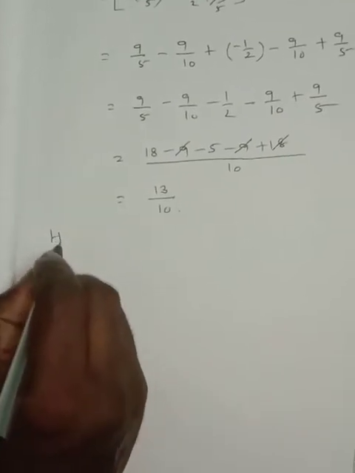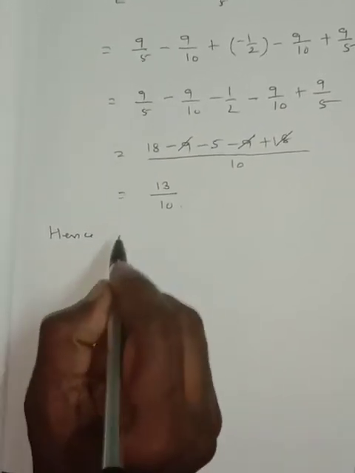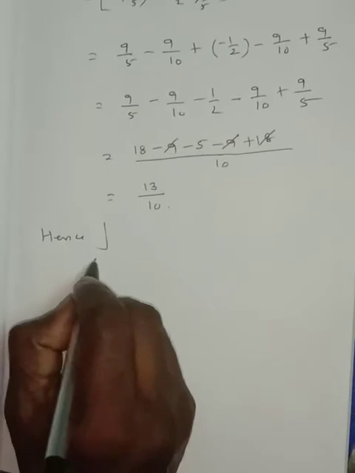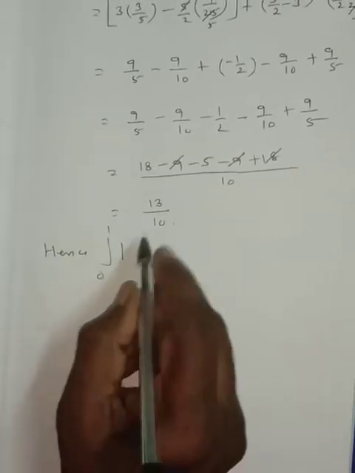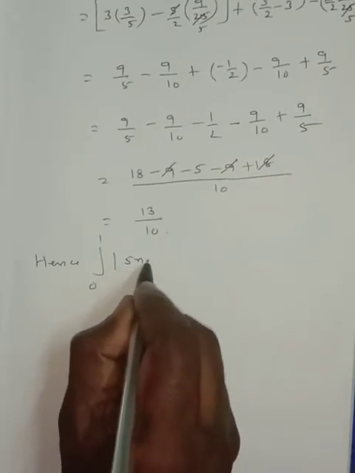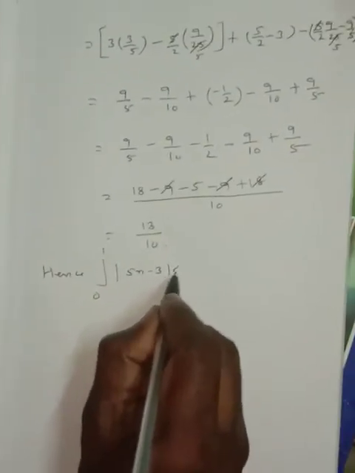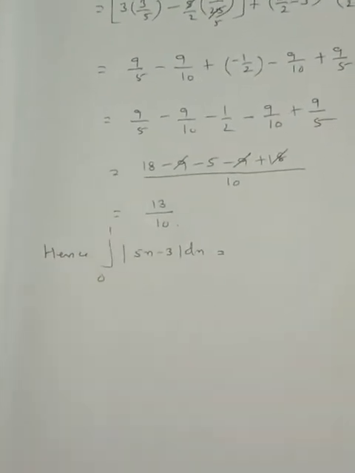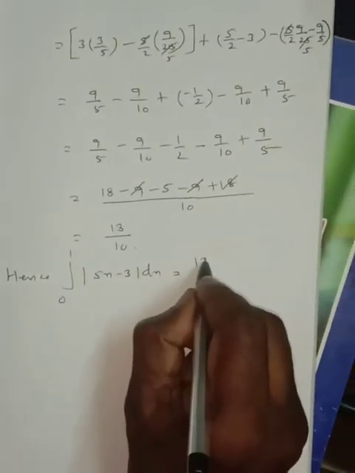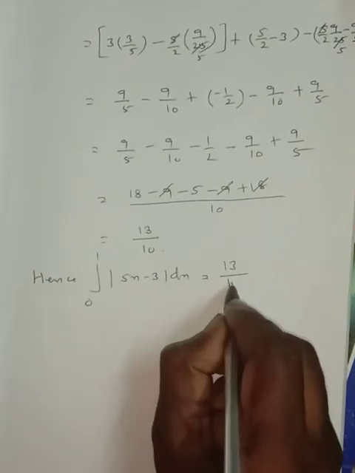Hence integral 0 to 1 modulus of 5x minus 3 into dx is equal to 13 divided by 10.